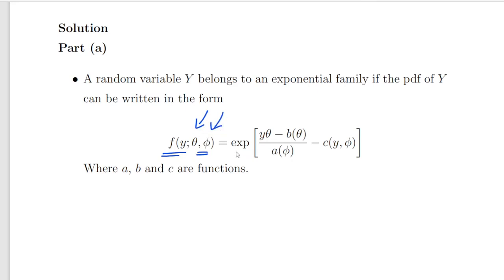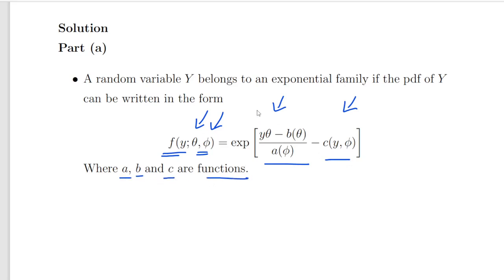The basic idea is that we want to be able to express the probability density function as the exponential of this expression, so we have two parts to it. y times theta minus b of theta, divided by a of phi. And the second part is minus c of y and phi, where a, b, and c are functions.